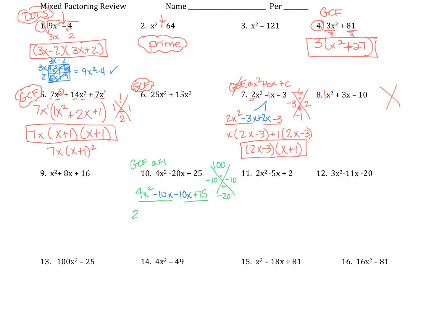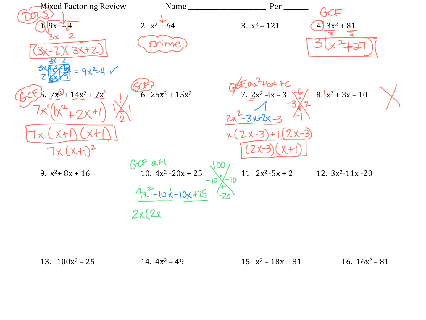So I'm going to take out a 2, and there's an x in both terms, so I'm going to take out an x. And my smallest exponent is x to the first, so it's going to be an x to the first. 4x squared divided by 2, that's going to give me the 2. And the x squared divided by the x is going to give me x to the first.